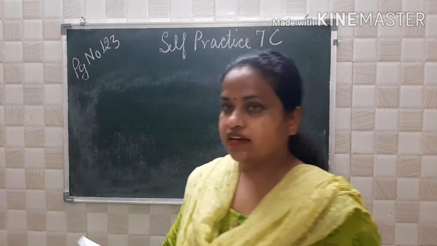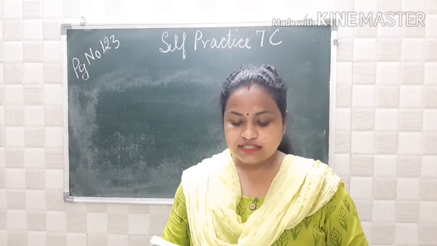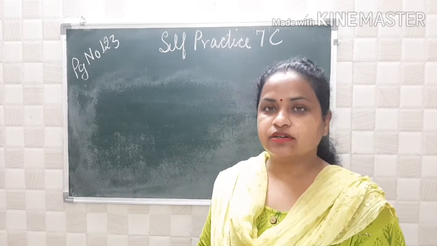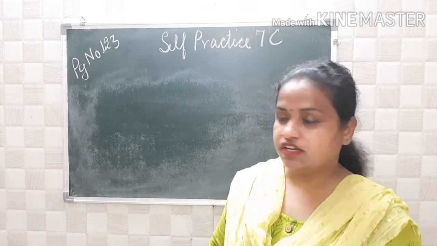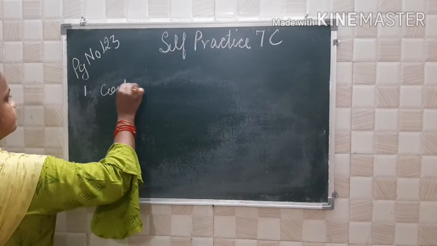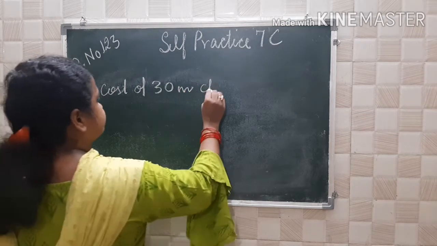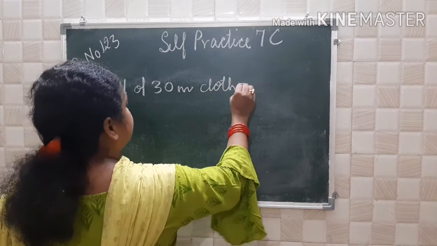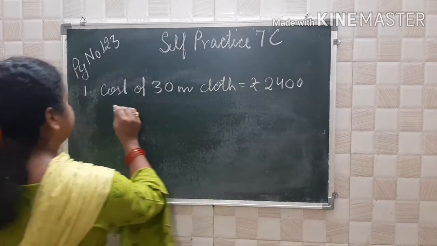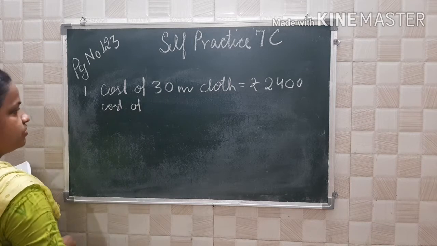Now see, if 30 meter cloth costs rupees 2400, what is the cost of 50 meter cloth? The cost of 30 meter cloth is rupees 2400. Now the cost of 50 meter.